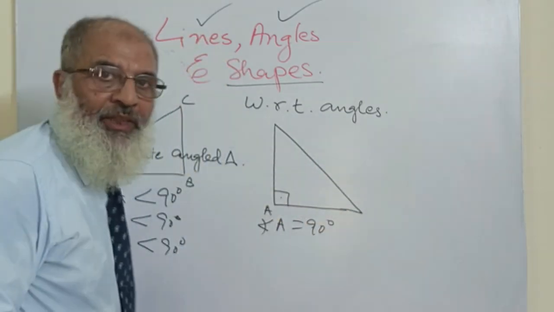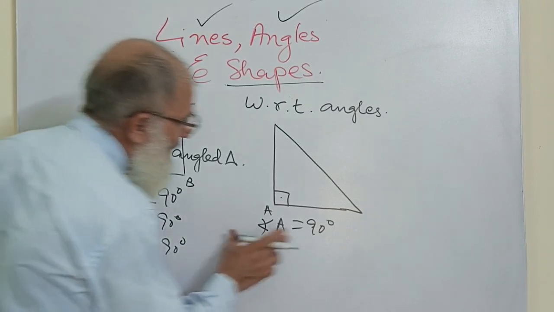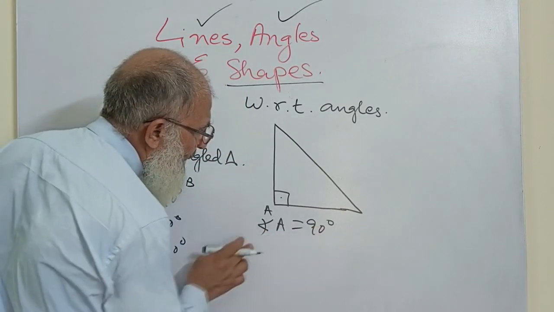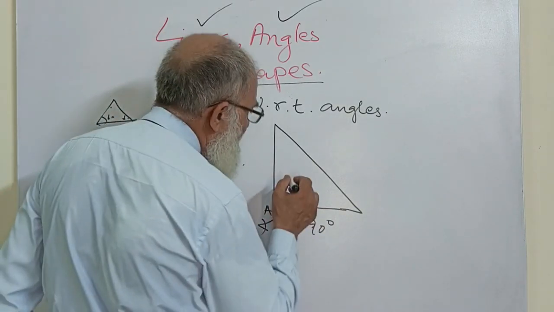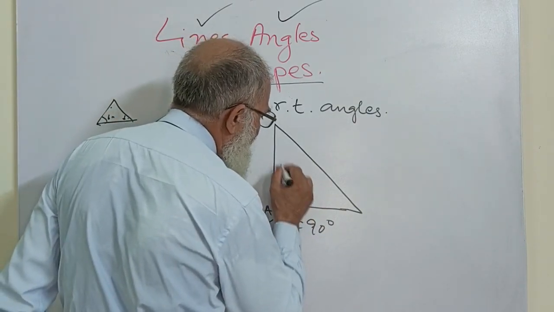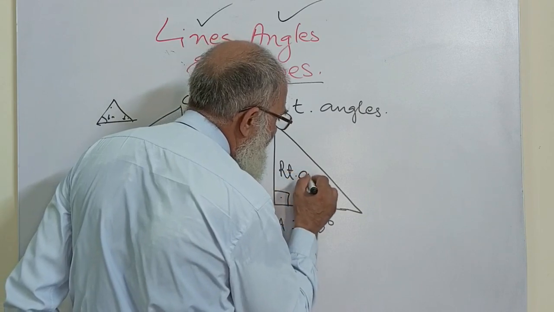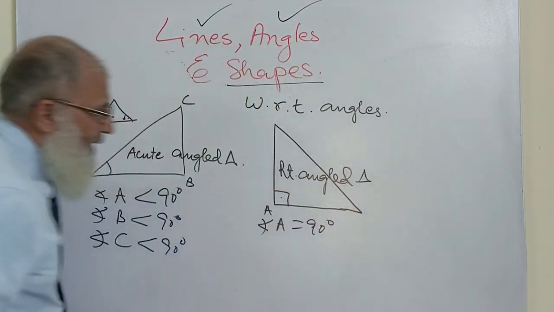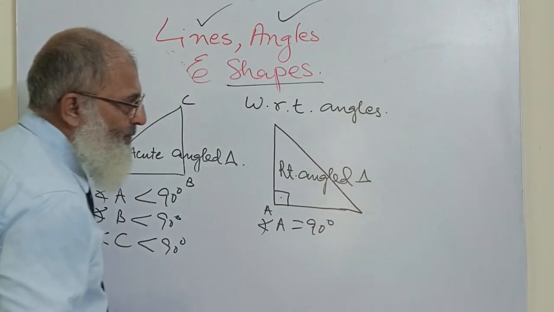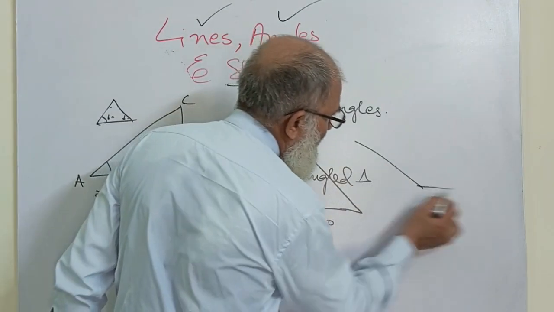We are not concerned with the other two angles. So if this characteristic appears, then we say that this is a right angled triangle. Right angled triangle. And there is another one, the obtuse angle triangle.